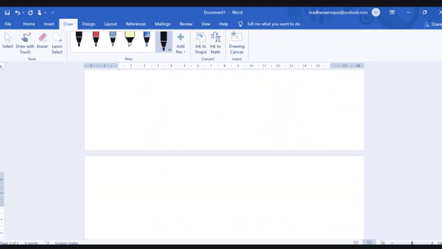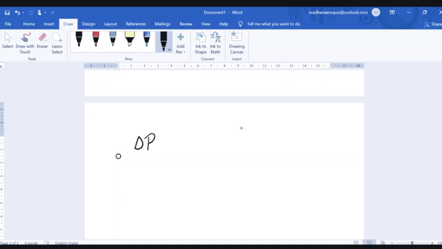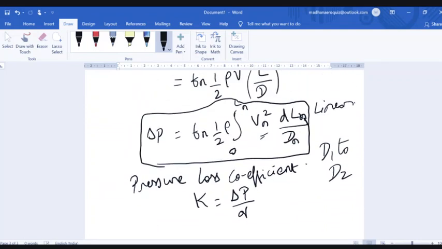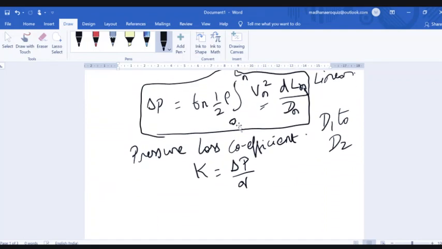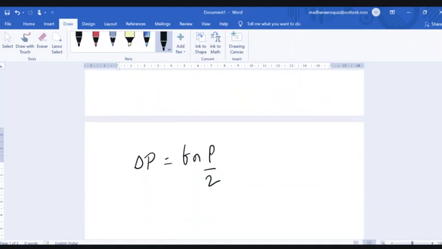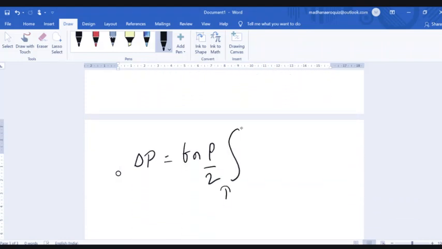Now we are considering delta P, that is our new equation. Delta P will become Fn rho by 2, and then instead of integrating 0 to ln, we are going to integrate from d1 to d2.